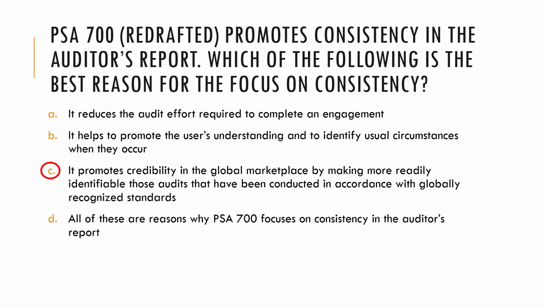Letter B also says it helps to promote the user's understanding and to identify usual circumstances, while the presence of uniformity should help them identify unusual circumstances. So the correct answer to this one is letter C.